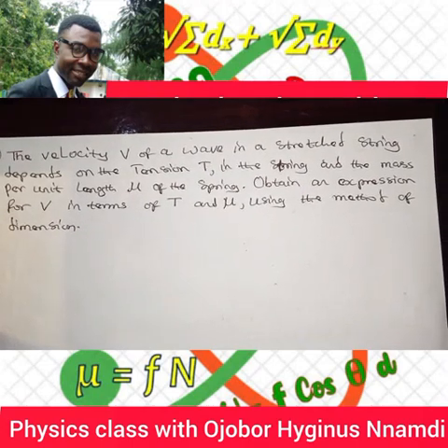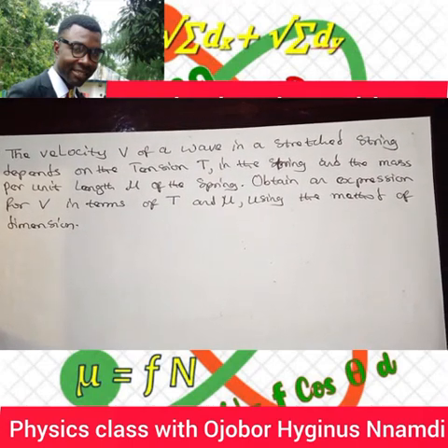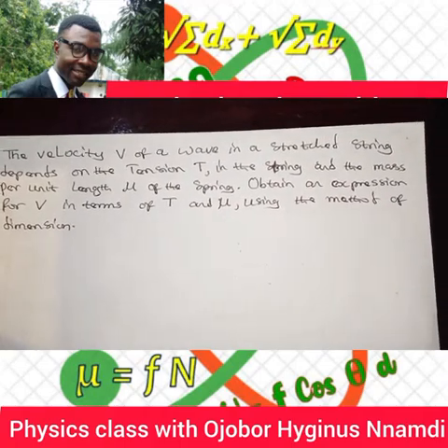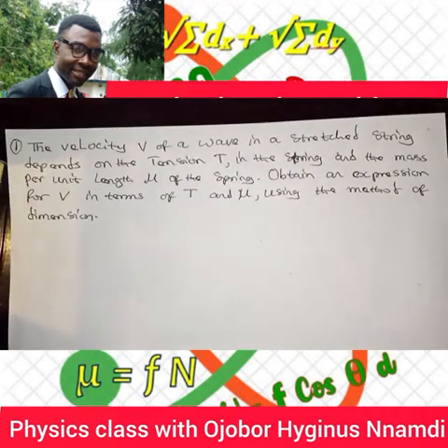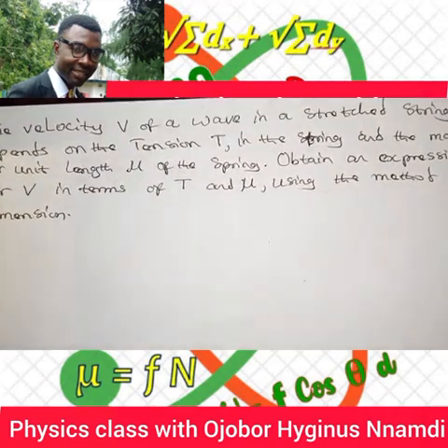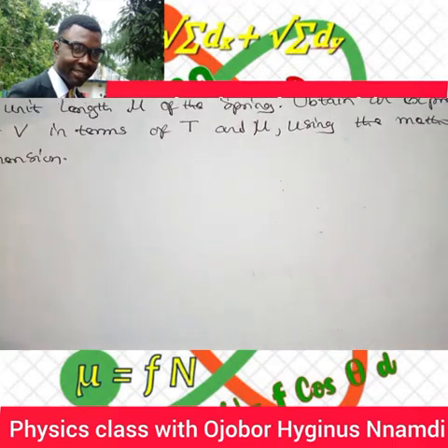So that symbol mu is used to represent the mass per unit length. What we are going to do is just to understand those physical quantities and use them to determine the dimension. So what the question said we should do is simply this.